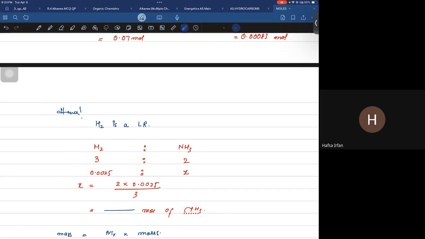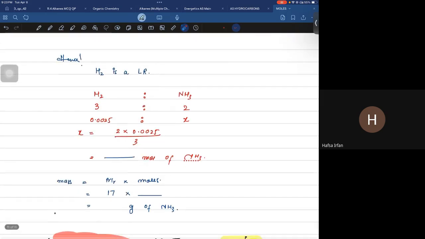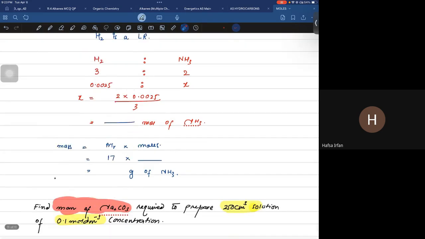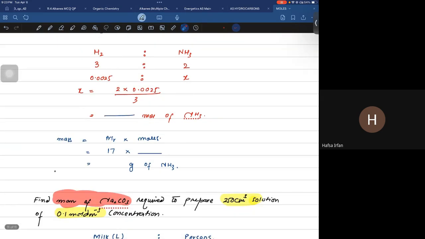So I found the moles of ammonia by taking the mole ratio of hydrogen, not nitrogen. After finding the moles, I would find out the mass as well. It's very simple. So this is the mass of ammonia. Okay, simple.